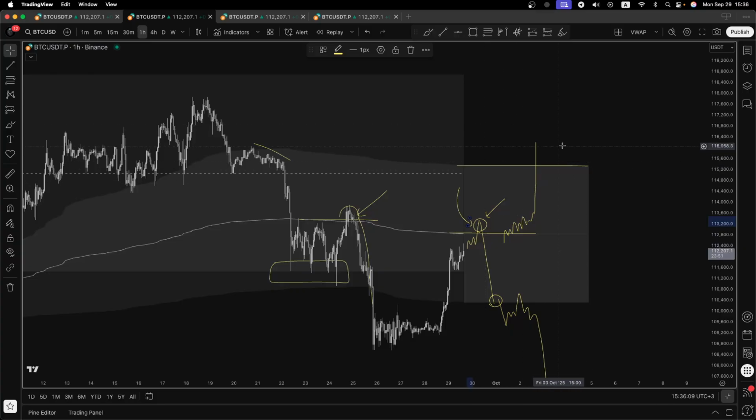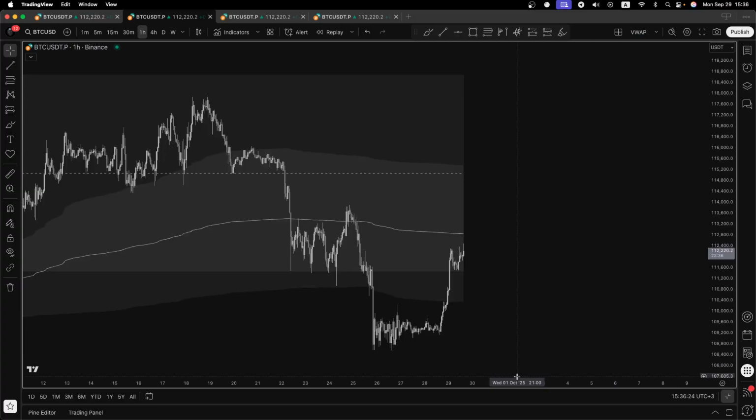So going into the monthly close and monthly open, this pump seems a bit sus to me. So we'll see how this will develop, right? Organic PA, yeah.